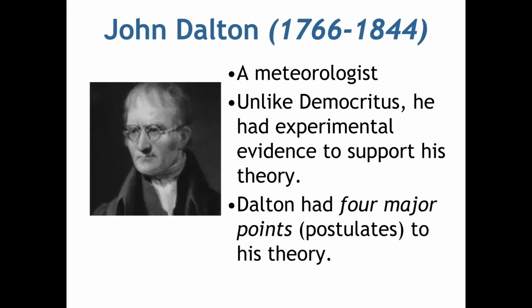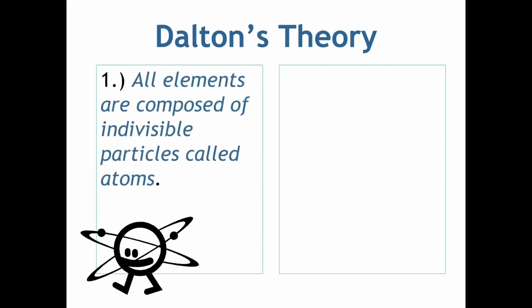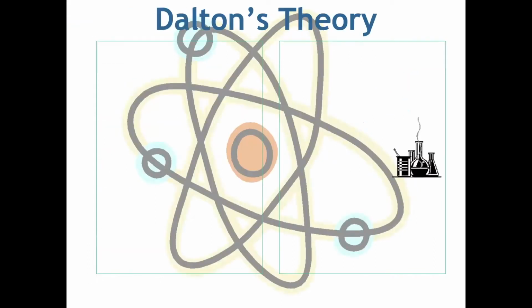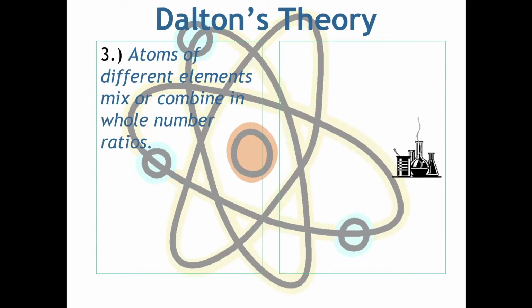Dalton had four major points to his theory, his postulates. First of all, elements are composed of invisible particles called atoms. Atoms of the same element are identical. The atoms of any one element are different from those of another. Atoms of different elements mix or combine in whole number ratios.